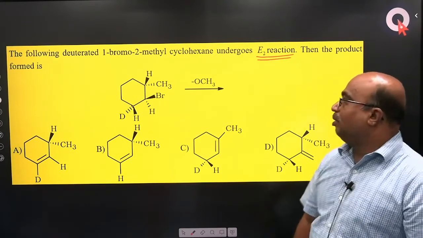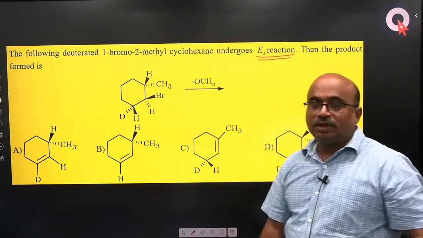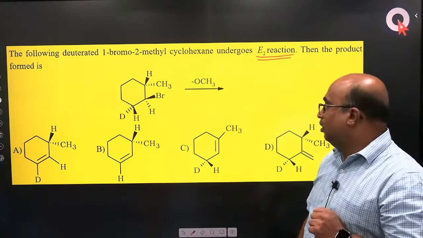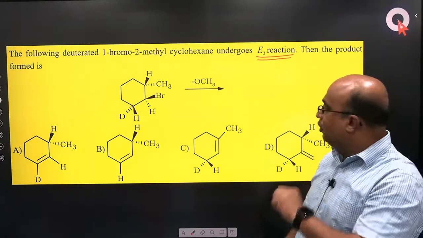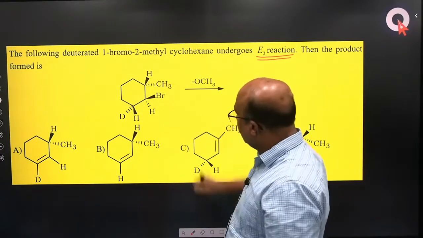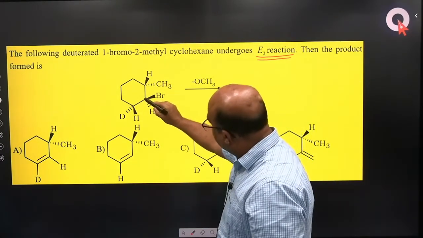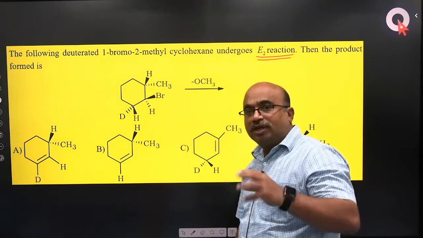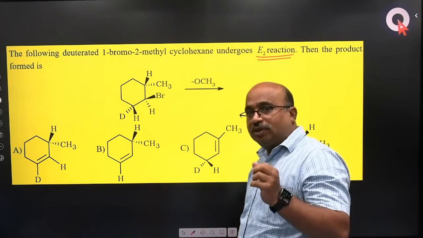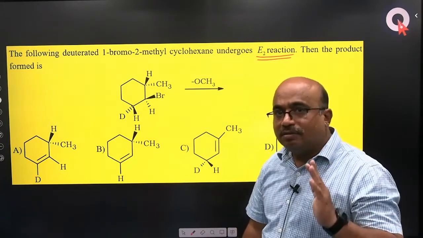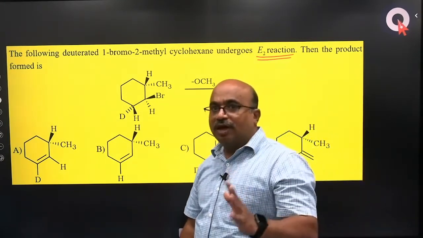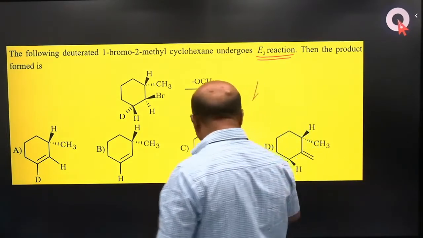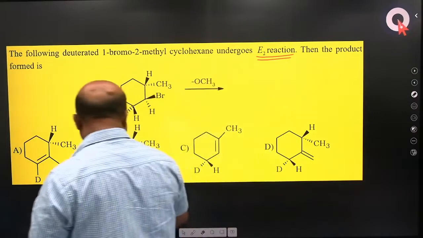In cyclohexane we generally say cyclohexane exists in chair form and boat form. Chair form is more stable. So when the E2 process is happening in cyclohexane, in the chair conformation, in which way? Let us write it on the next page again.